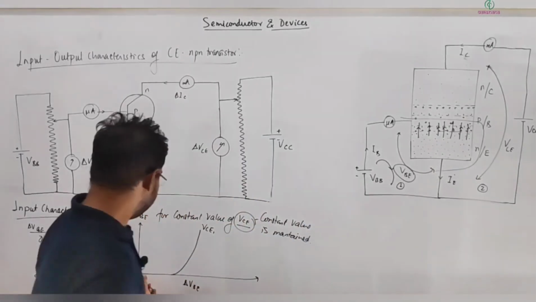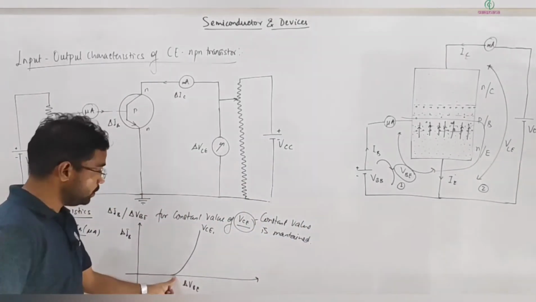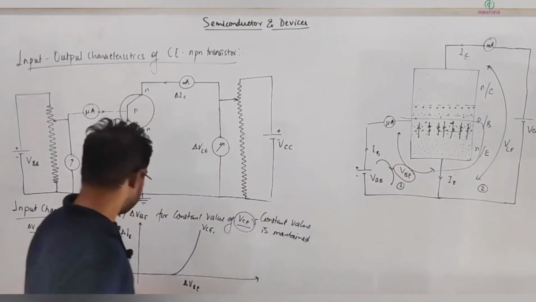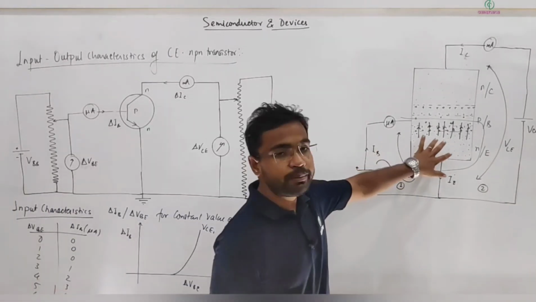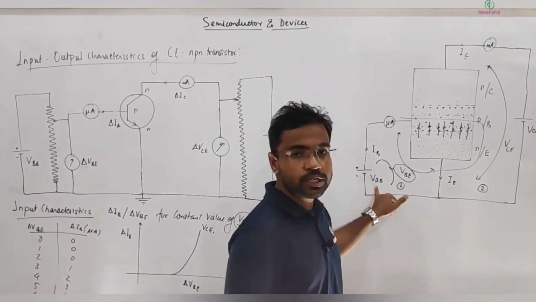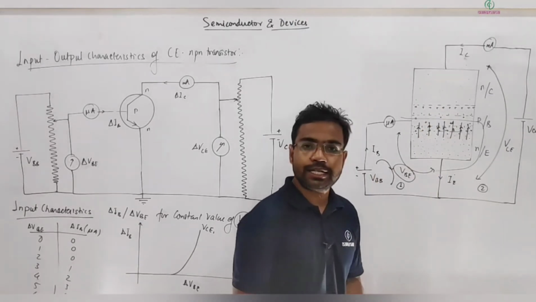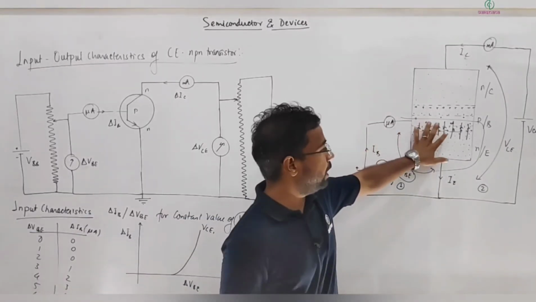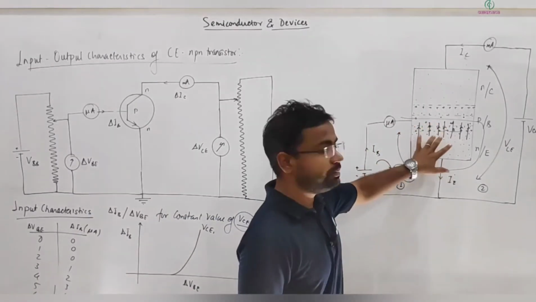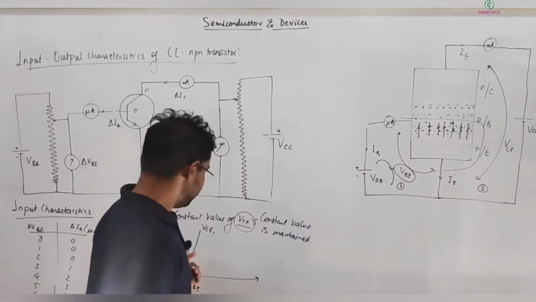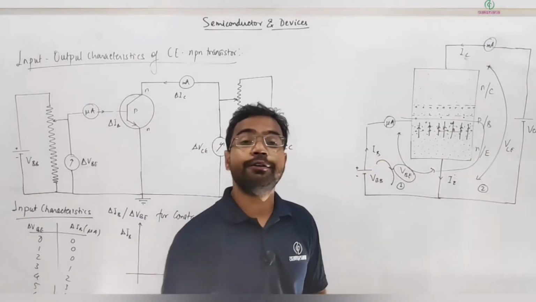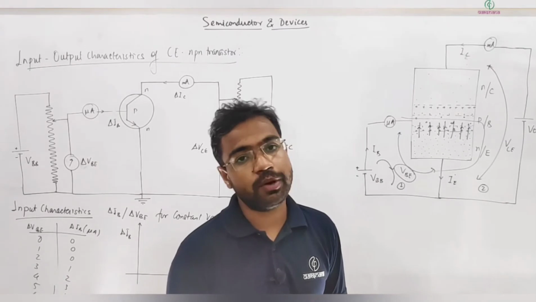So this is 0 current up to this potential barrier. After that, this is in forward bias. As you increase this potential difference, the current will start increasing, and that is exactly what we are getting. So it's just like one diode in forward bias, and you can see this graph matches the forward bias characteristic curve of a diode.